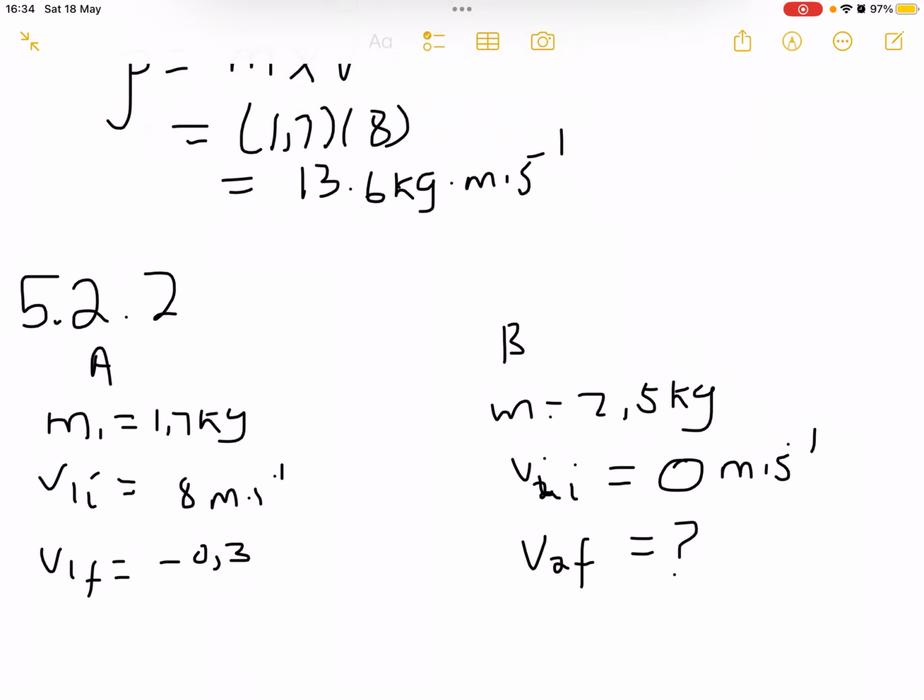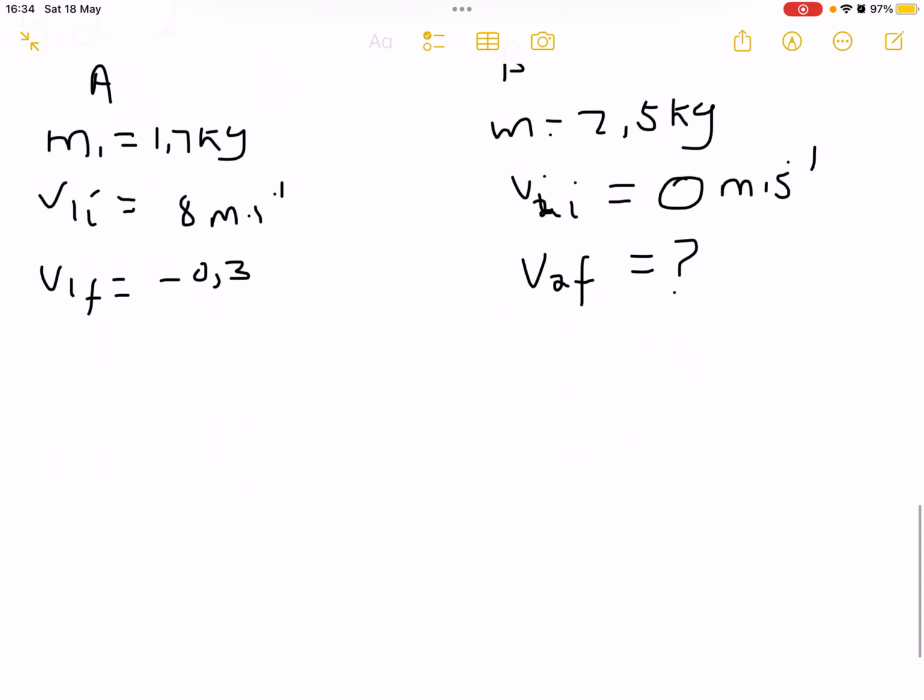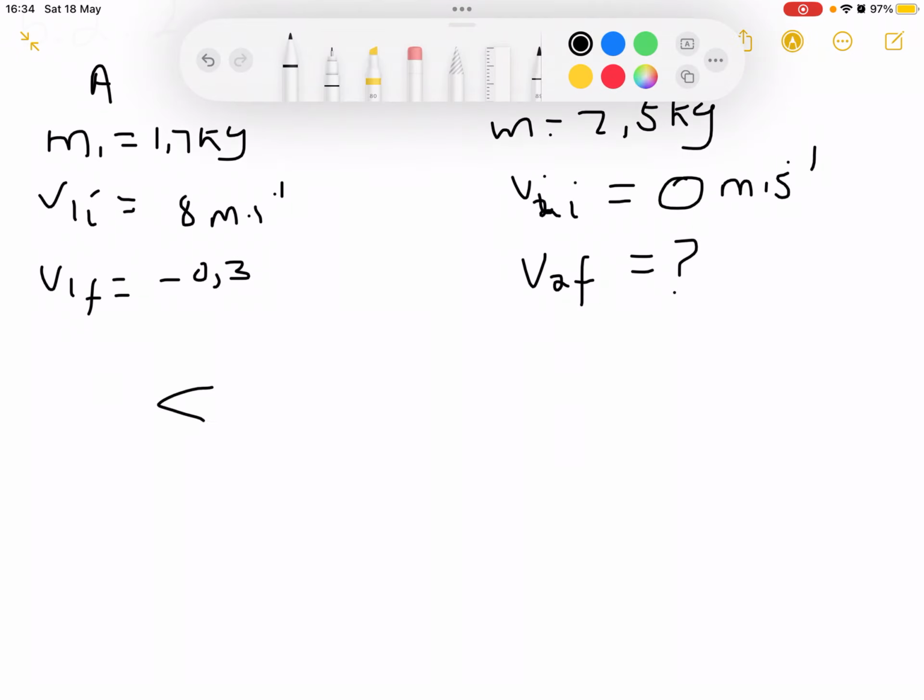Now, how do we apply the principle of conservation of momentum? Now, it says that the sum of the momentum initially is equal to the sum of the momentum finally.